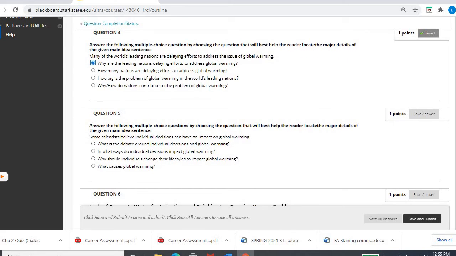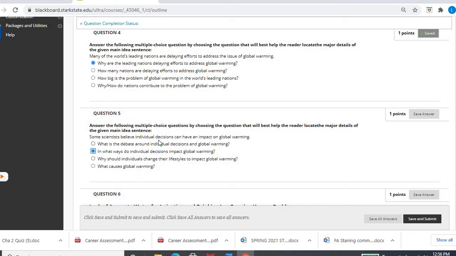It says, some scientists believe individual decisions can have an impact on global warming. So what way could I word this that's going to help me, if I had a paragraph, find the rest of my supporting details? So if I look at this, it doesn't really mention a debate, lifestyles, what causes global warming, okay, but it specifically mentions individual decisions.